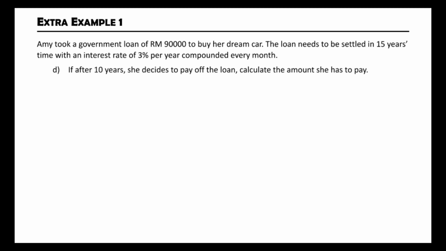D, if after 10 years she decides to pay off the loan, calculate the amount she has to pay. Immediately after 10 years, and the duration of the loan is 15 years, means the remaining 5 years she wants to pay off the loan now. Now means present value.